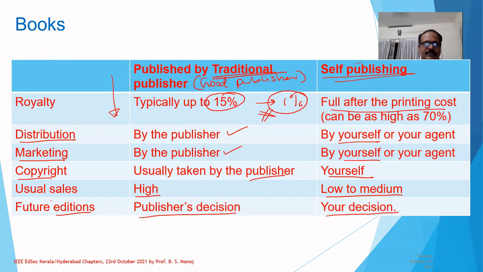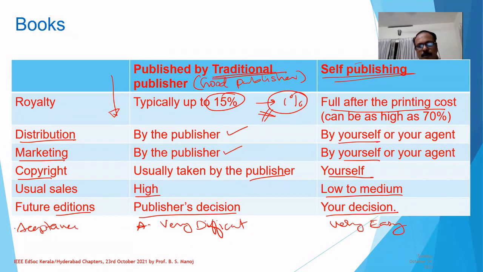Now, if you look at the publication difficulty, acceptance is very difficult with a publisher. A publisher will not easily accept a book when you try to publish your ideas through a book, whereas self-publishing is very easy. So these are some of the differences in research dissemination through publication of books.